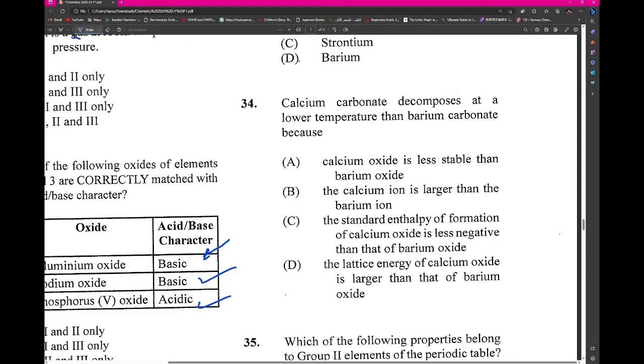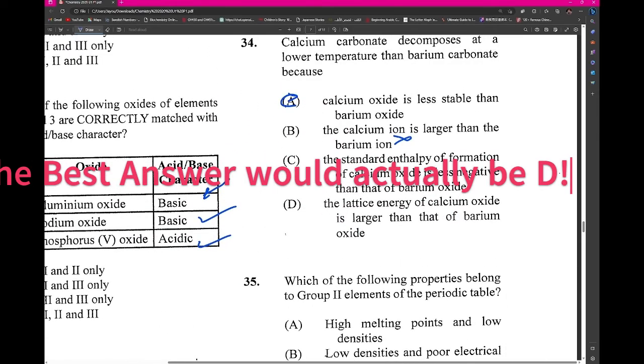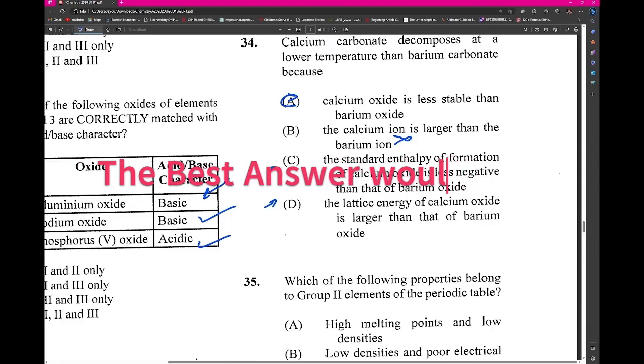Let me think about that real quick. No, it won't be larger, so I don't think it would be larger. Does the standard formation have to do with the decomposition of the carbonate? Probably slightly, but the simplest answer to go with here is that calcium oxide is less stable than barium oxide. But if you believe it's something else, please tell me.